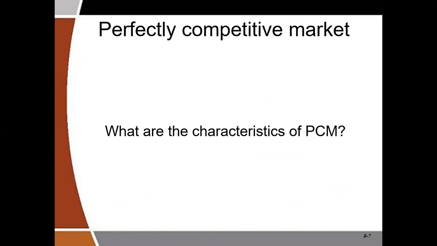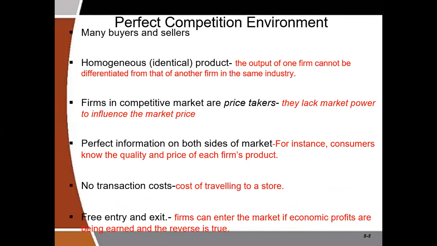Now, let's pick the perfect competition market. What are the characteristics of a perfect competition market? Now, it is a market that has many buyers and sellers. Number two, they sell very identical products, okay? I mean, the output of one firm cannot really be distinguished from the other, and that makes the market very competitive.